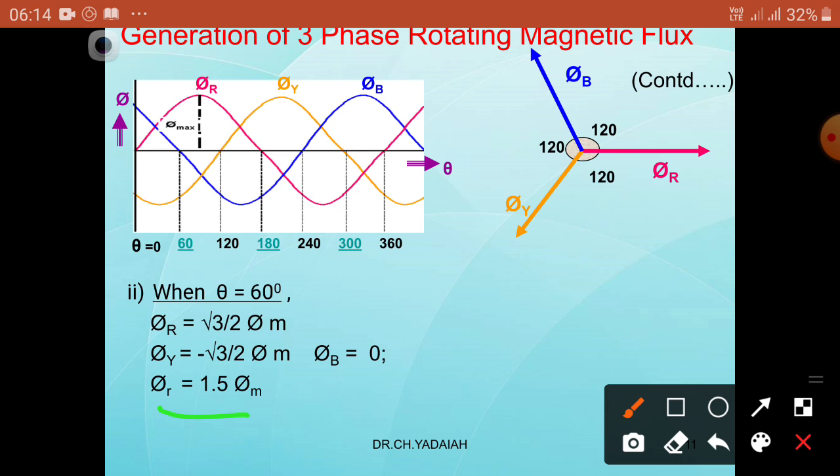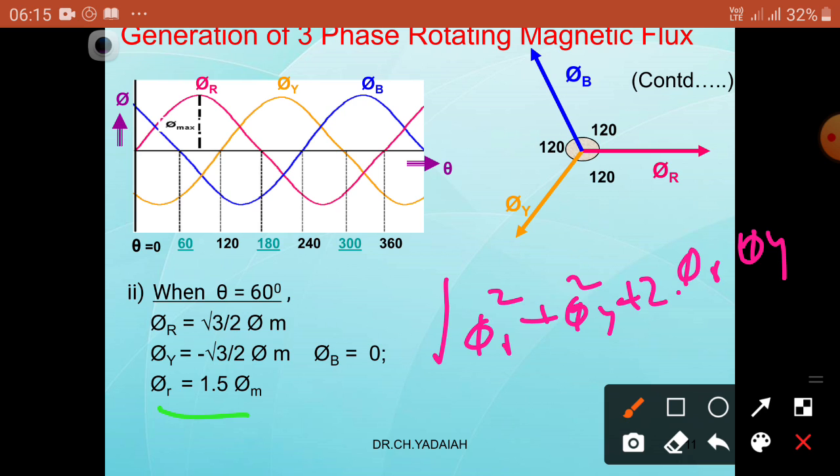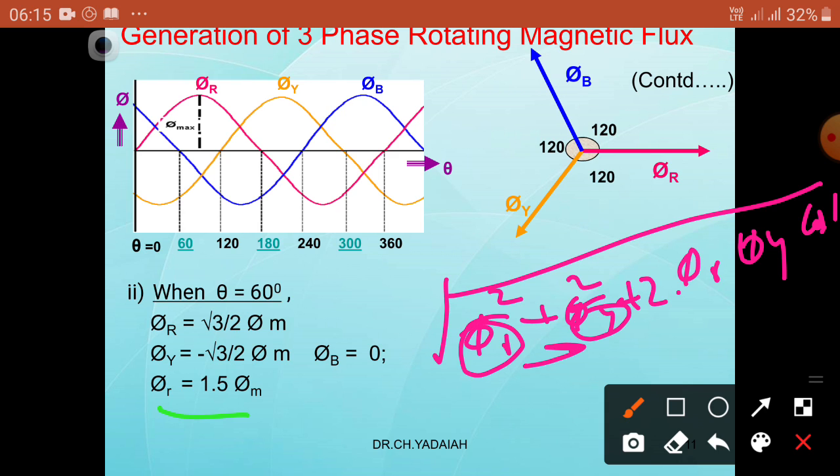So what is the formula? That formula is, as we know, phi r whole square plus phi y whole square plus 2 into phi r into phi y into cos theta. This is the formula we know. But phi r and phi y are of equal magnitudes.